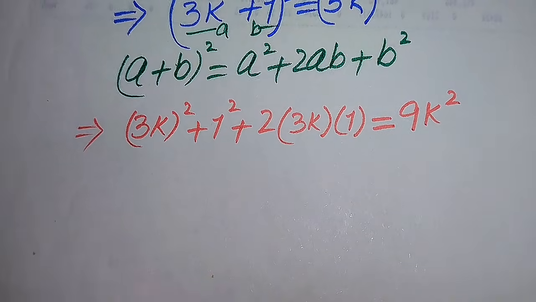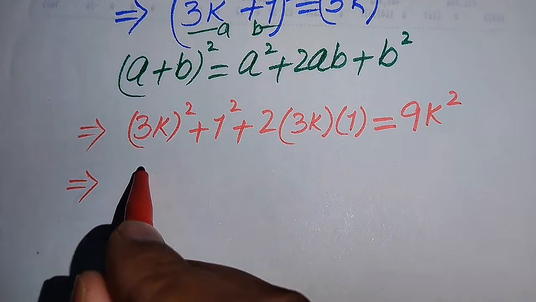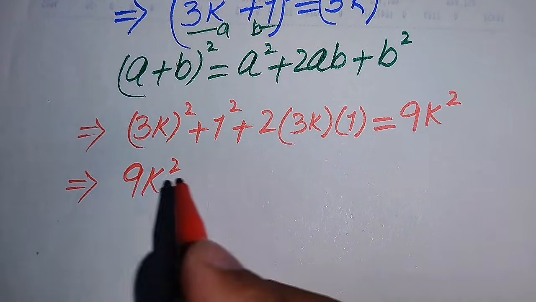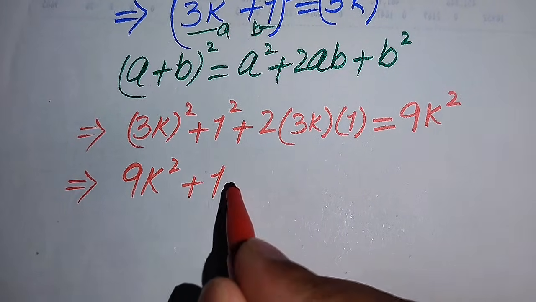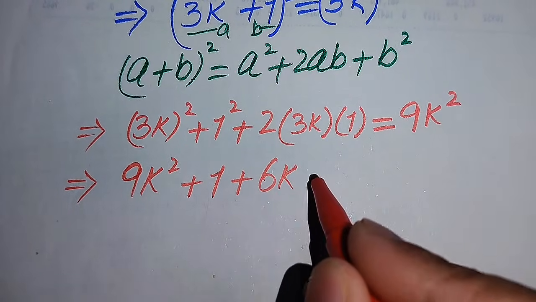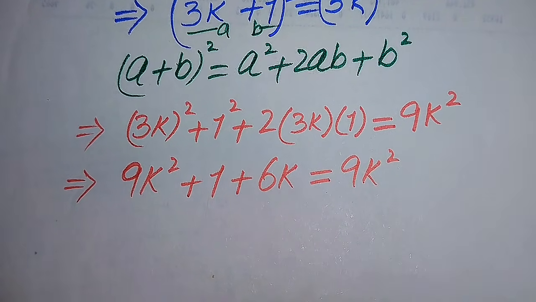Further simplifying, 3k square becomes 9 times k square, plus 1 square equals 1, and 2 times 3k becomes 6k, is equal to 9k square.